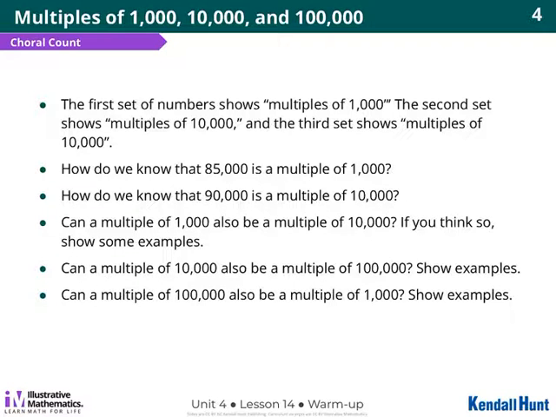Okay. Maya, what do you think? So, the reason that a multiple of 100,000 can still be a multiple of 1,000 is because if you multiply it by 1, that can get to any number.